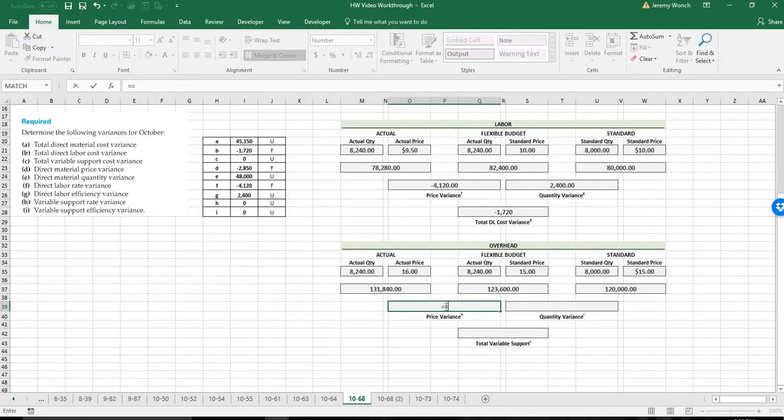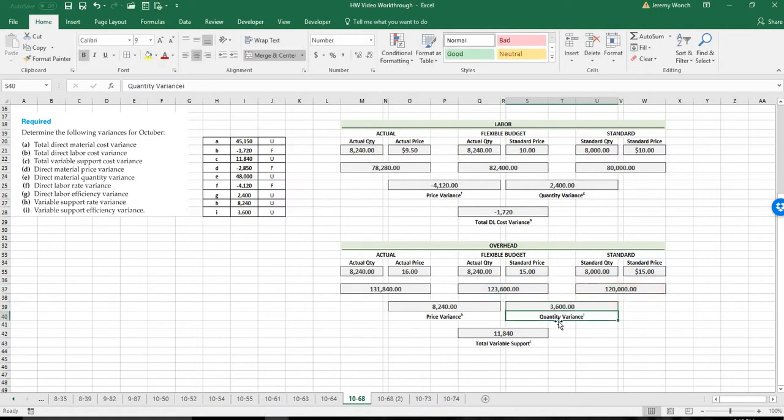So the total variance, we'll go down here. The total variance is going to be 11,840, and that's going to be separated between the price variance of 8,240, because we planned on paying 15, we actually paid 16, and then our quantity variance, which is 3,600.